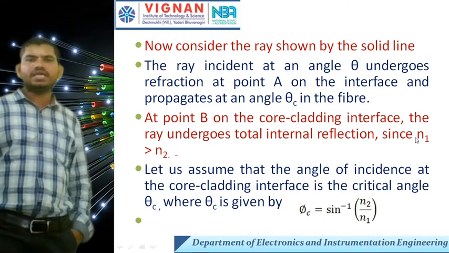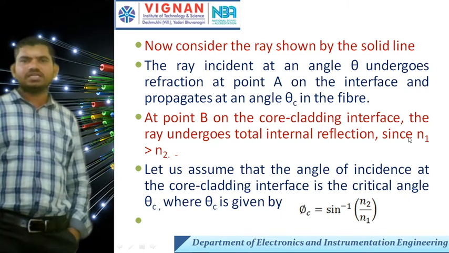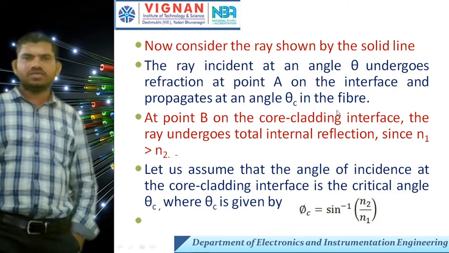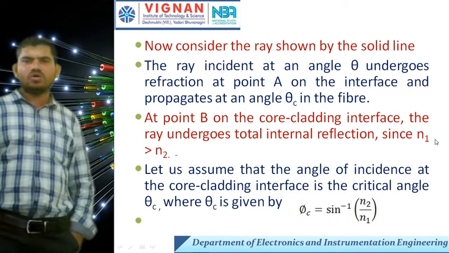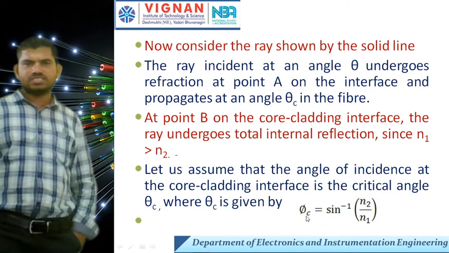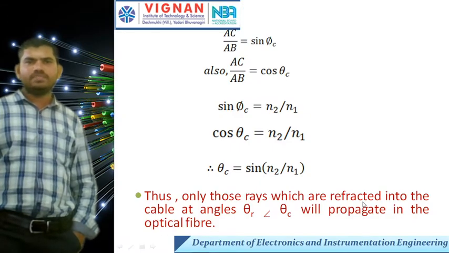We are not concentrating on the dotted line ray, which goes away into the cladding; we are concentrating on the solid line only, because only then is total internal reflection there. The ray incident at an angle theta undergoes refraction at point A on the interface and propagates at an angle theta c in the fiber. At point B on the core-cladding interface, that ray undergoes total internal reflection since n1 is greater than n2. From this we have to calculate theta c, that is, sin inverse of n2 by n1.